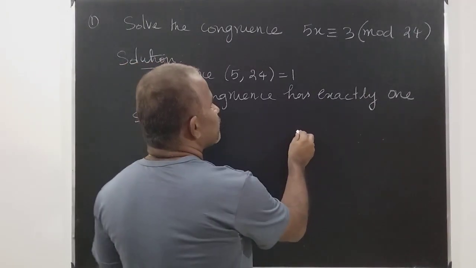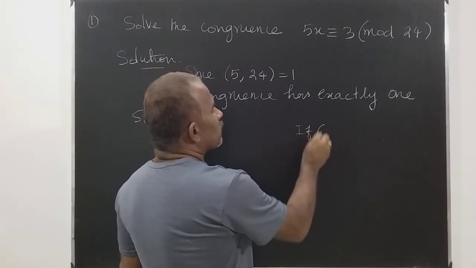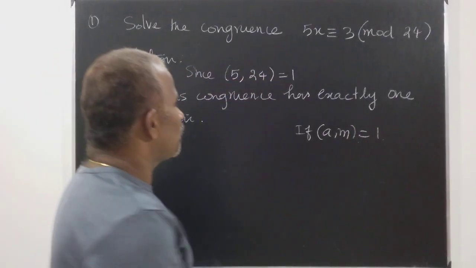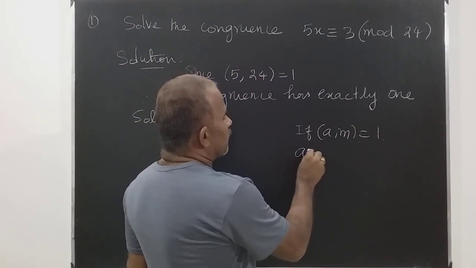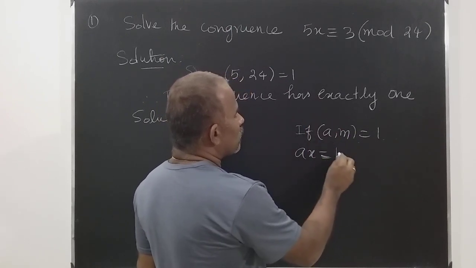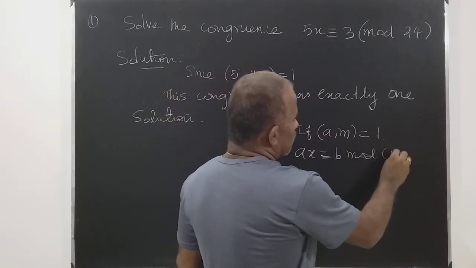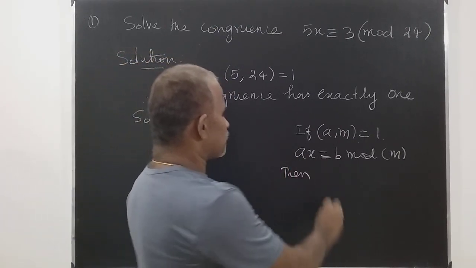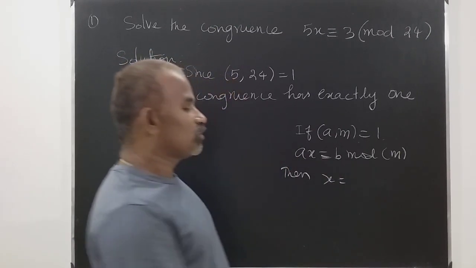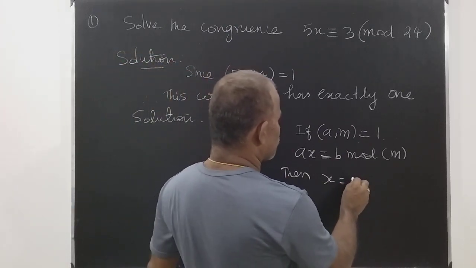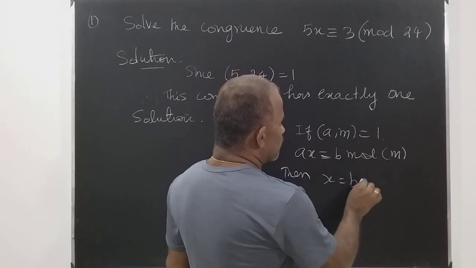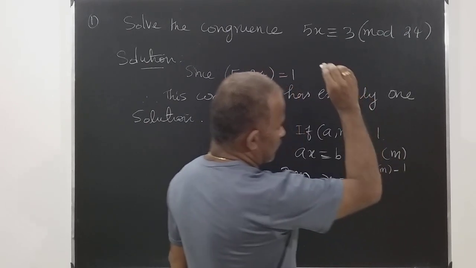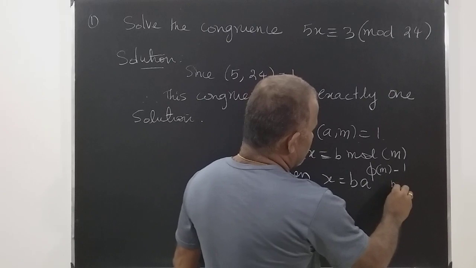We know the result: if (a, m) is equal to 1 and ax is congruent to b mod m, then the solution of this congruence is x is congruent to b times a to the power phi(m) minus 1, mod m.